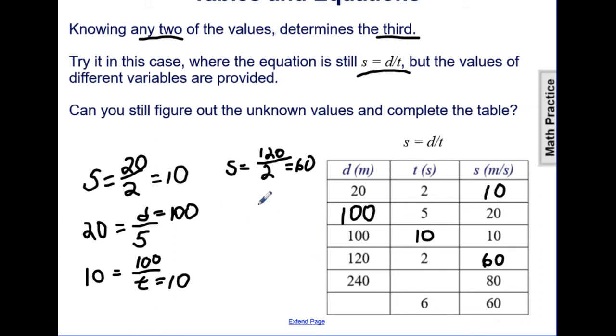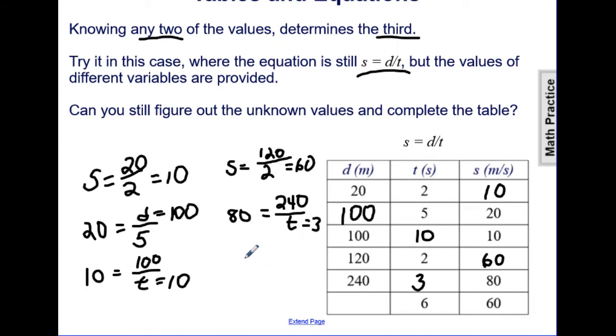Here we're given the distance and the speed, so the speed 80 equals 240, the distance, over time. So 240 divided by what number is 80? We have to think, that would be 3, so 3 seconds.